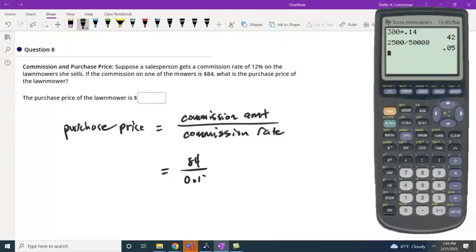So we have 0.12. And now I can divide. So 84 divided by 0.12 is $700. Right, so the cost of that lawnmower is $700.